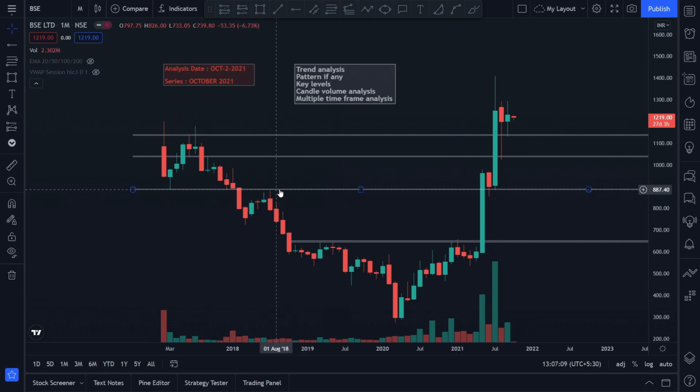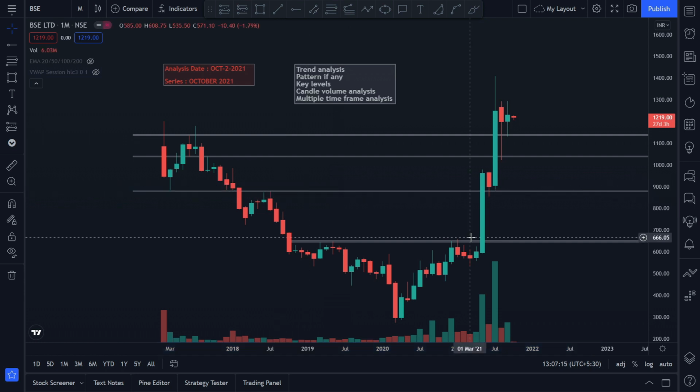Here it has taken some rejection. Here it has acted as resistance. Let me just adjust this line. So yeah, this is a very key level. And again, here this is a very key resistance level because it has rejected multiple times. So these are the key levels for this chart.